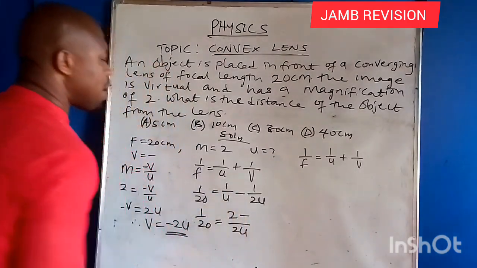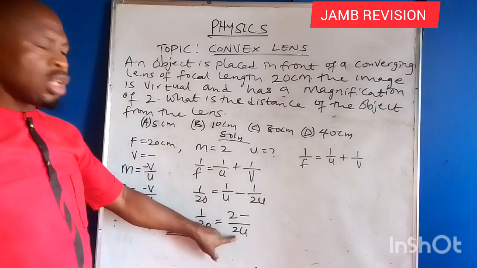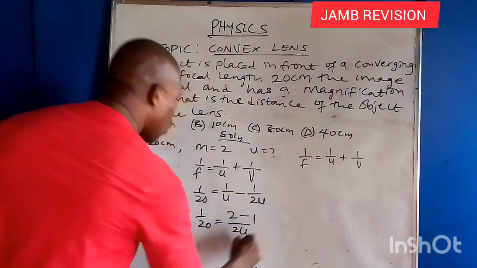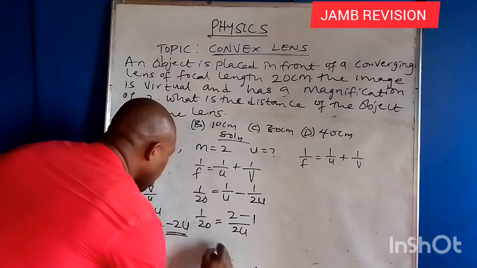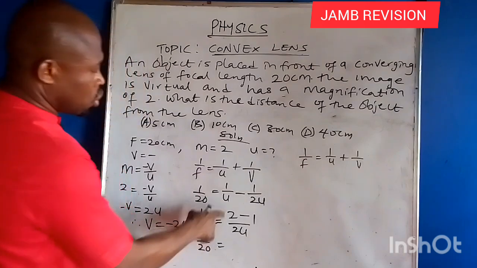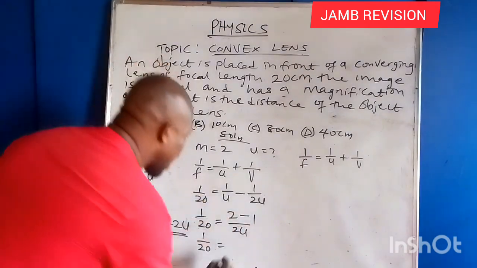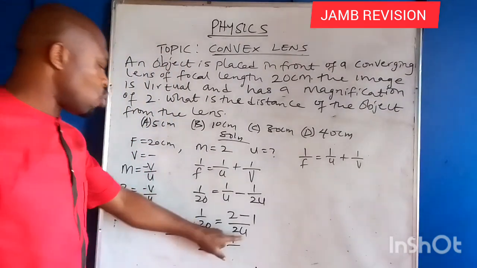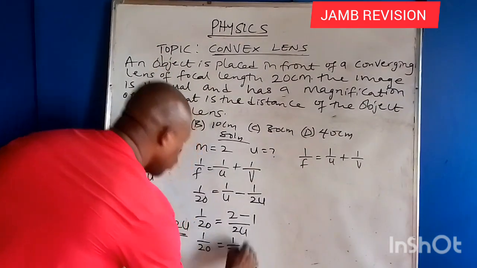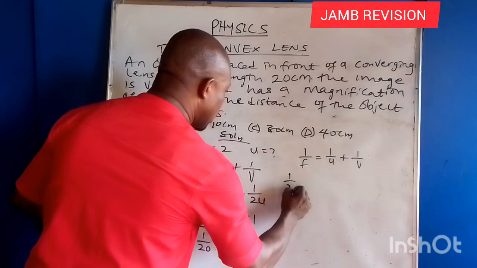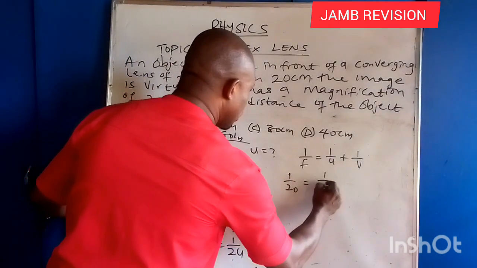Minus, you bring down your minus. 2U divided by 2U will give us 1. 1 times 1, 1. Which will now give us 1 over 20 is equal to 2 minus 1, and of course, it will give us 1 all over 2U. We now come over here and say 1 over 20 is equal to 1 over 2U.